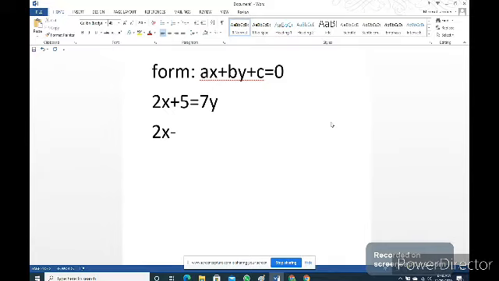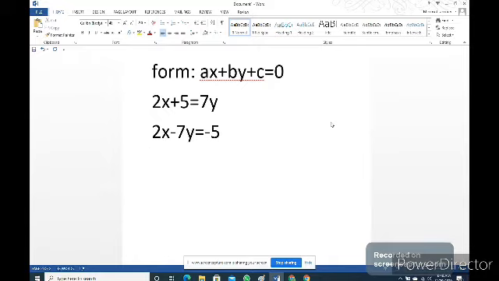Minus 7y is equal to minus 5. Now consider x.